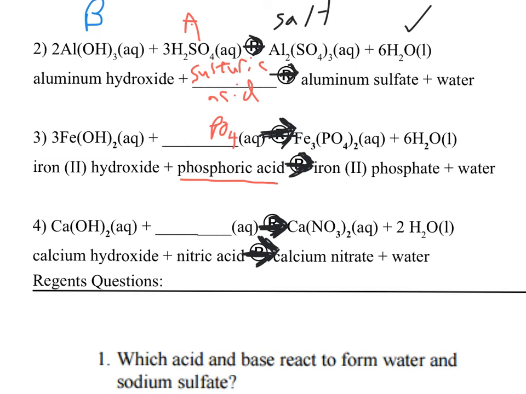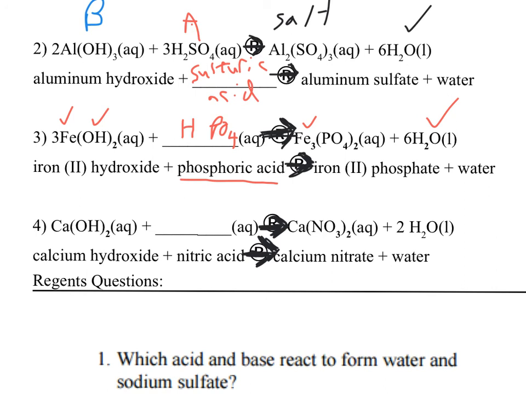And we should also figure out what else we're missing, as in, I have 3 irons on the left, I have 3 irons on the right, so that's good. I have my OHs, which are going to show up in my water. That means that, especially since this is an acid, I should have some H here, some regular old hydrogen. So we're going to put a little hydrogen here.